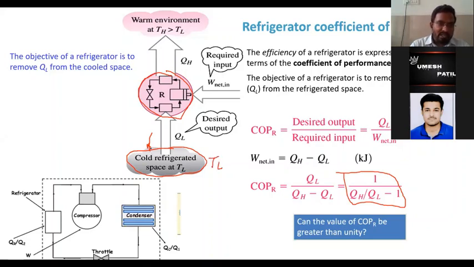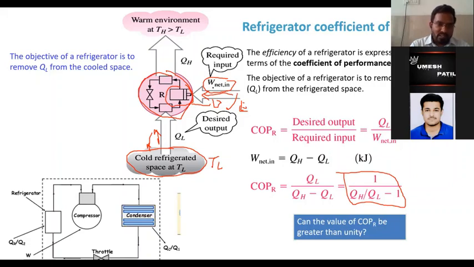So it will take heat from here, and for its working itself, it is going to consume some work, because we need to drive this compressor. To drive this compressor, there would be one electric motor, and to run that electric motor, we need to provide some energy. Okay, so that energy is nothing but the work input to the system.